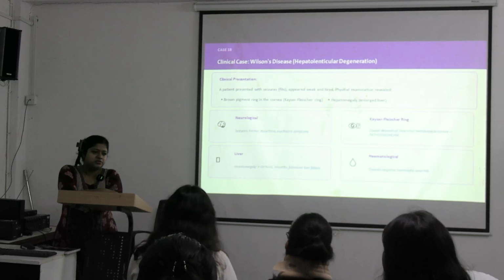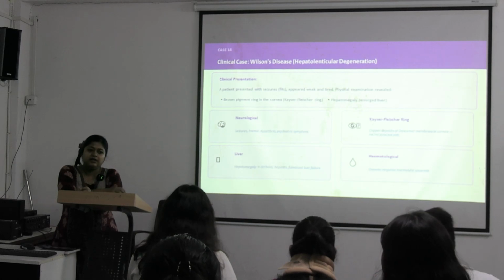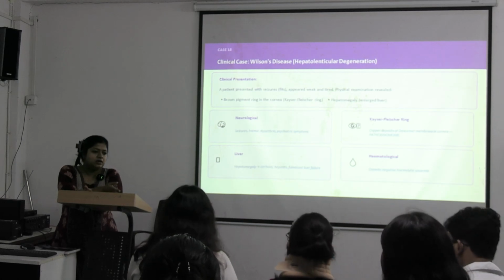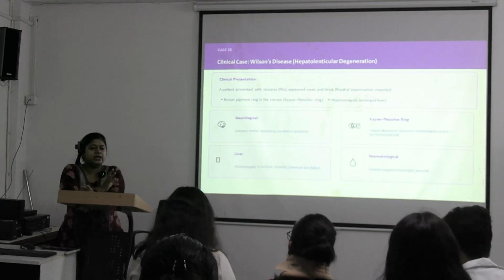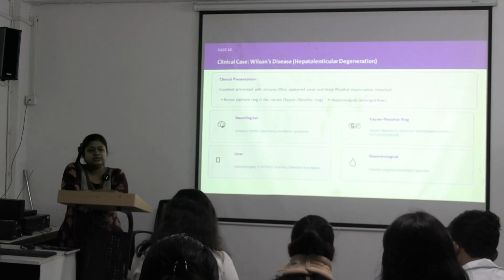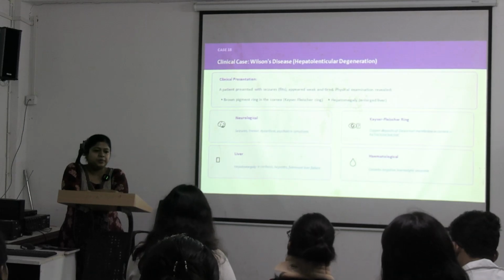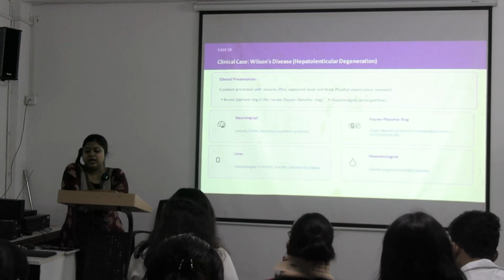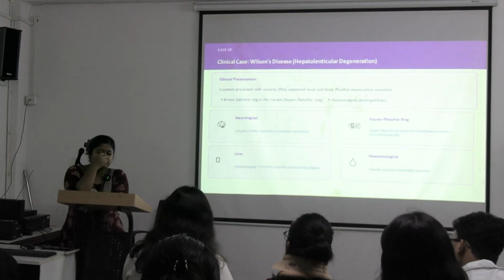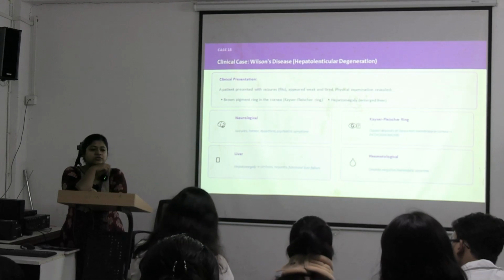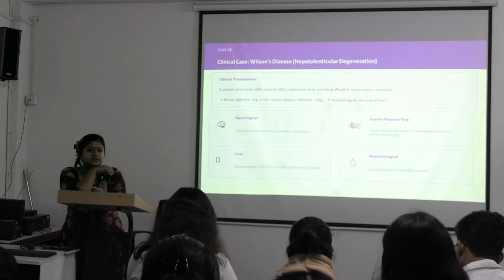Copper is absorbed from the intestinal tract and transported to the liver, where uptake is done by ATPase 7B, a P-type ATPase, which helps in the formation of ceruloplasmin. Apoceruloplasmin binds with copper to form ceruloplasmin.